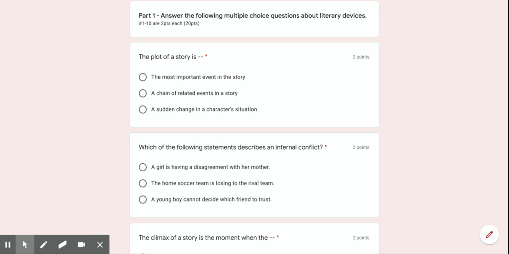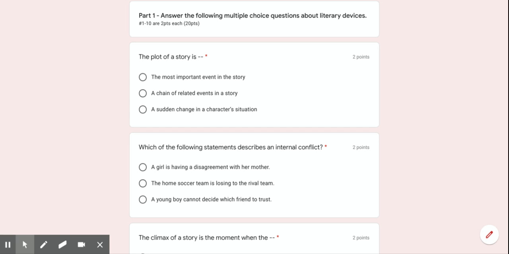Two, which of the following statements describes an internal conflict? A, a girl is having a disagreement with her mother. B, the home soccer team is losing to the rival team. Or C, a young boy cannot decide which friend to trust, which is an example of an internal conflict.